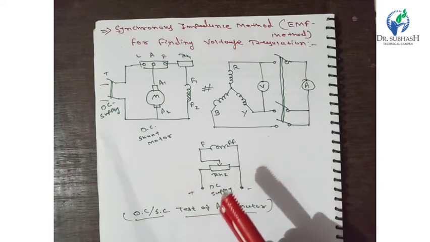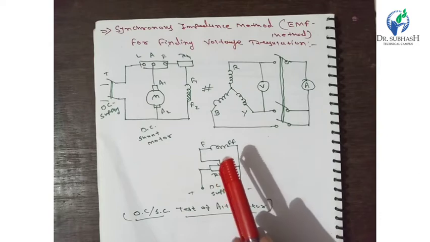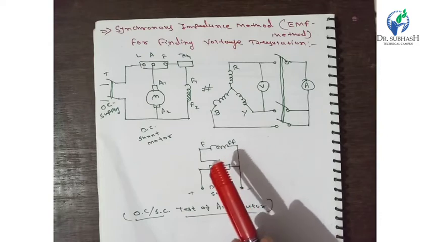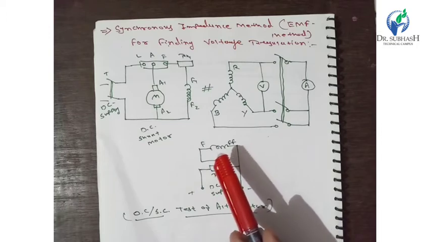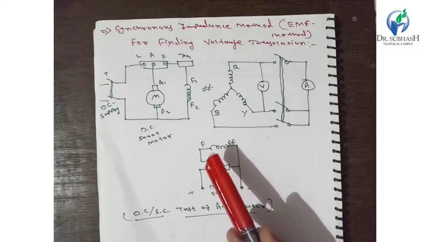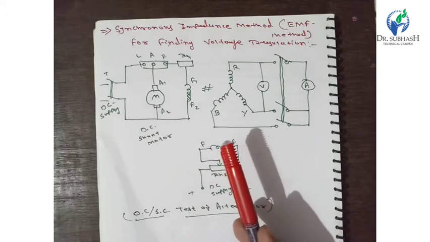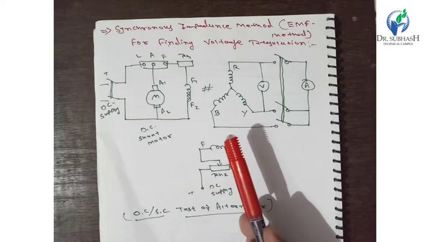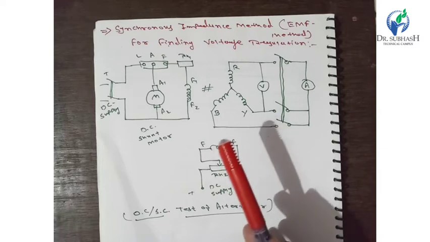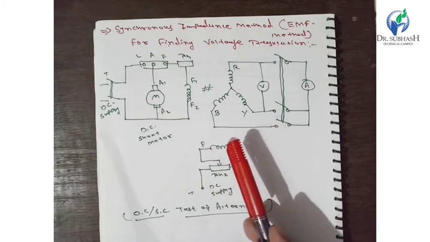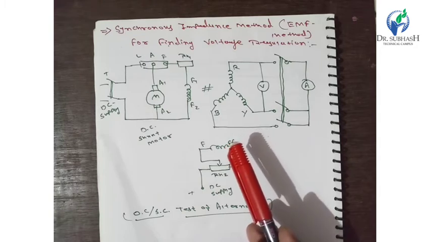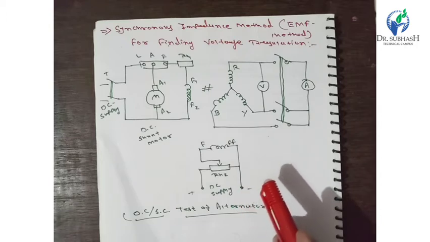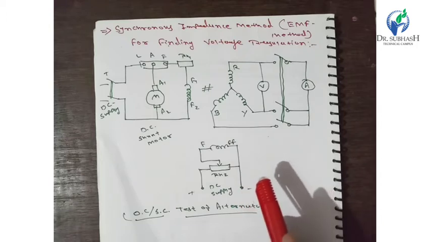The alternator field current is increased step by step with the help of the field regulator rheostat in the excitation circuit. The open circuit voltage across the line terminals of the stator is noted. The excitation is increased until the voltmeter reads the rated voltage, or 120% of the rated voltage.